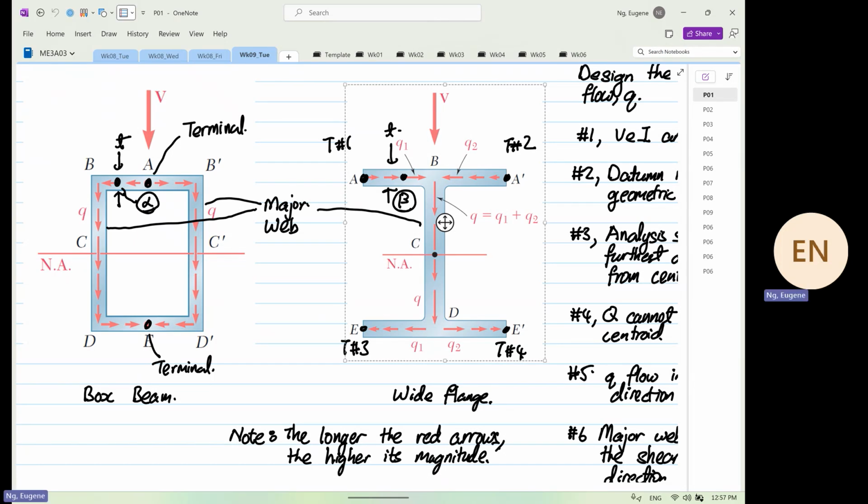As a structural engineer, what must we do? Let me elaborate on the first one.